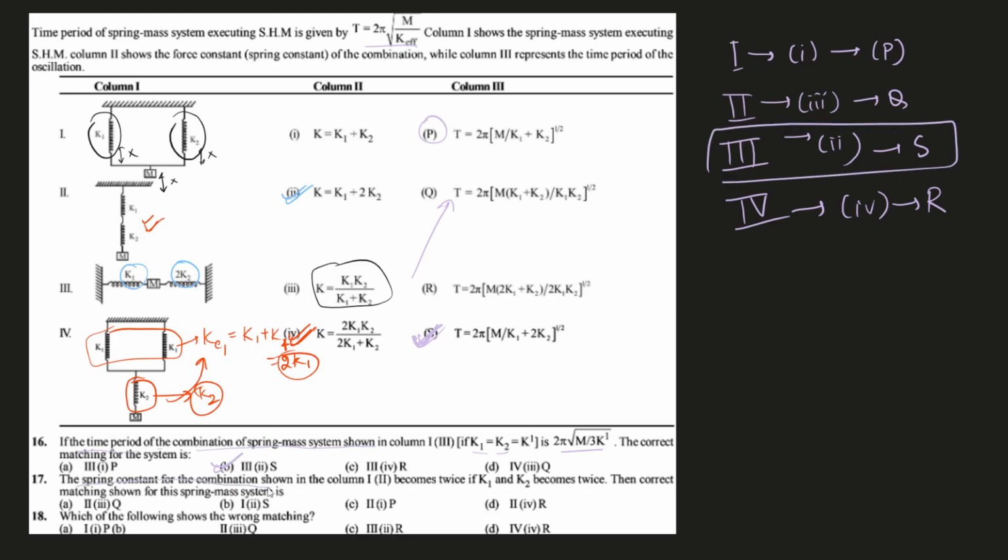The spring constant for the combination shown in column 1, 2, I still don't get why they have given it like this, but anyways, becomes twice if K1 and K2 become twice. Then the correct matching shown for this spring mass system is, now, in the cases when you have two springs connected in series, doubling both the constants doubles the effective spring, and it also happens to be the case when you have parallel springs.